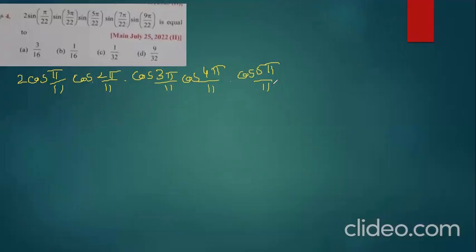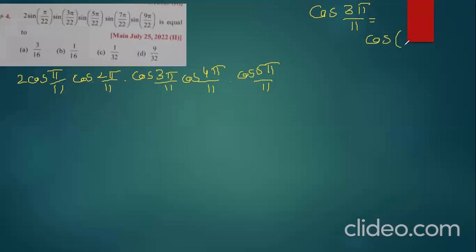Okay. And how can I write this? Can I write this cos 4 pi and 5 pi, 3 pi and 5 pi? These are different, no, in our case. So let me write anyway that I am taking cos 3 pi by 11. How can I write this?